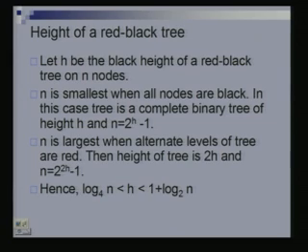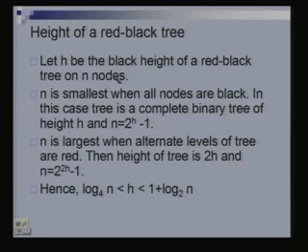Now suppose I just tell you that this is a tree of black height h, when will the number of nodes in the tree be the smallest? When all the ancestors are black. When everything is black, right? You don't want anything red. You want as few nodes as possible, right? So why include red nodes and increase the number of nodes? So let's have everything black.